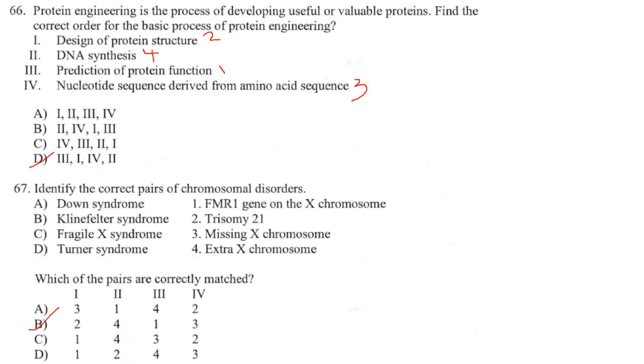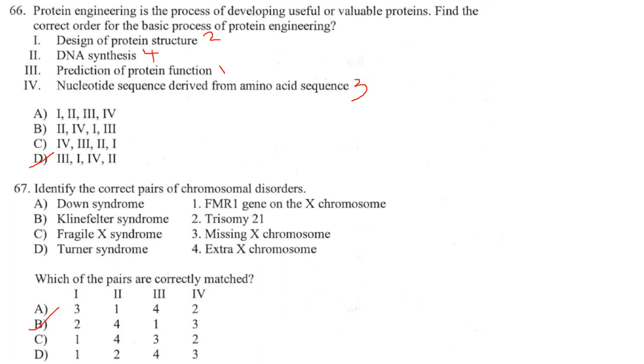Then protein engineering is the process of developing useful or valuable proteins. Find the correct order for the basic process of protein engineering. So first one will be prediction of protein function 3. Then comes design of protein structure.